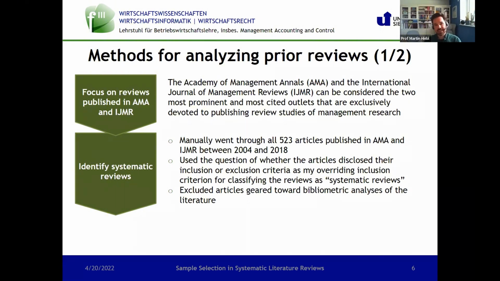So usually they had a methods section within those papers, or at least within the appendix. For some earlier papers, it was sometimes found in the appendix only, where systematic reviews were not that prominent at that time. And I excluded all other papers which did not disclose their own inclusion or exclusion criteria for putting together the review sample. So this was my criterion for identifying systematic reviews.